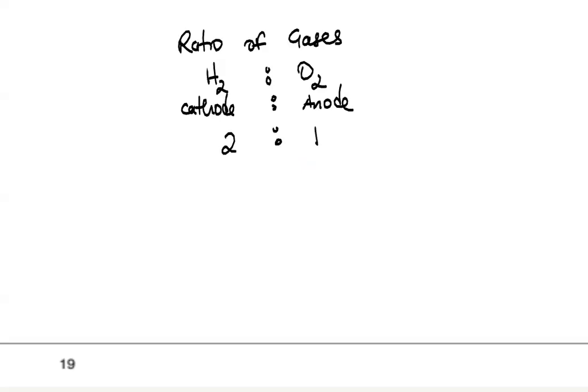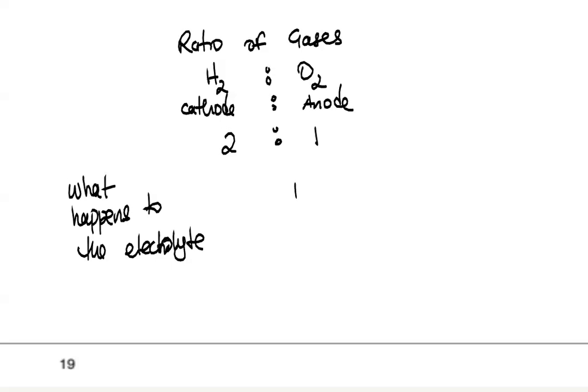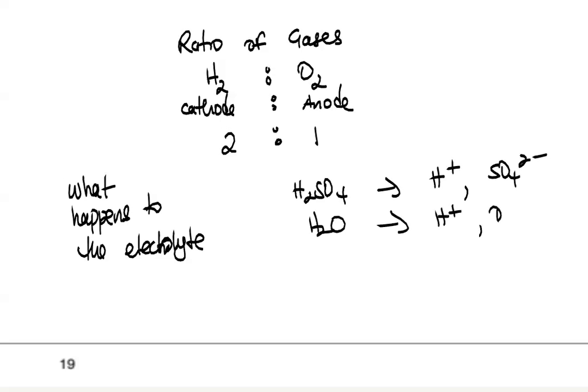I'll get twice the amount of hydrogen because it needs fewer electrons than oxygen in the same amount of time. Are you okay with this? Right. What happens to the electrolyte? I have H2SO4. From this, I get SO4 2 minus, H2O, H plus, and OH minus.